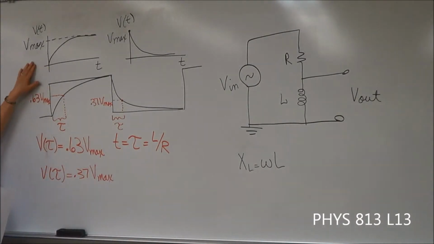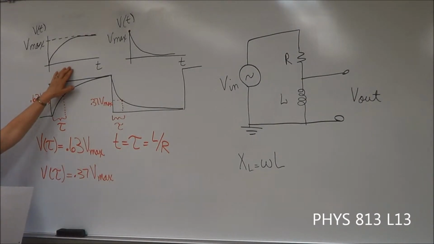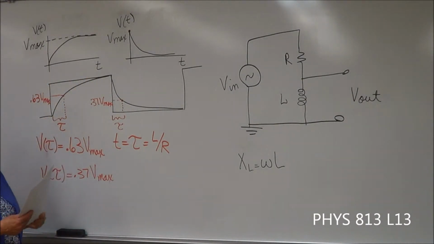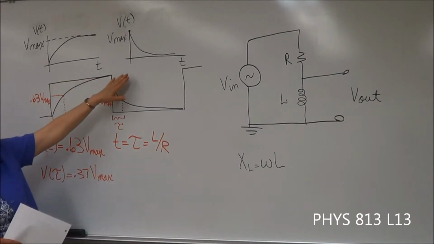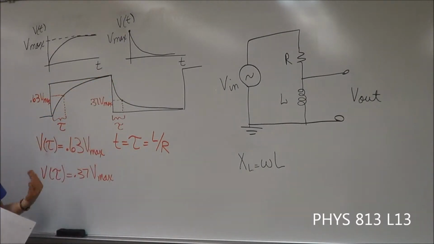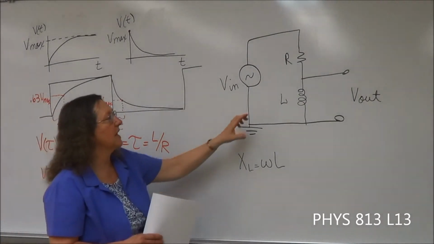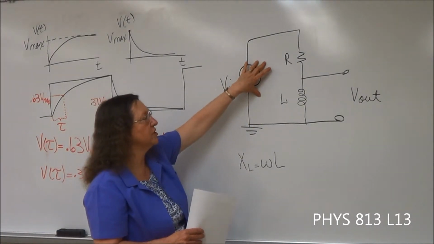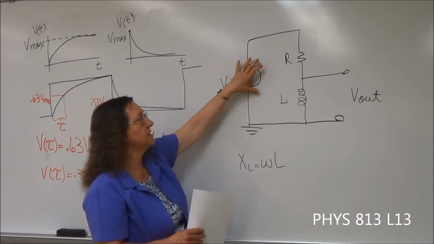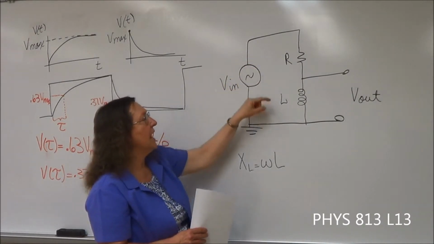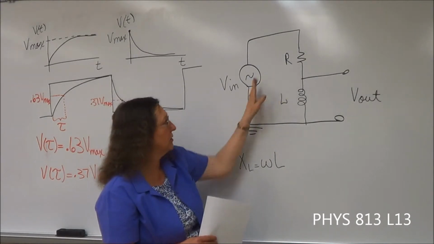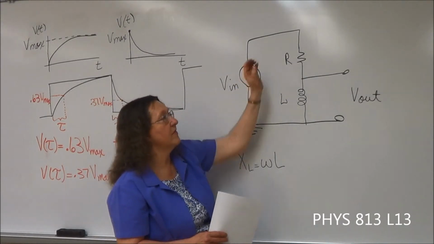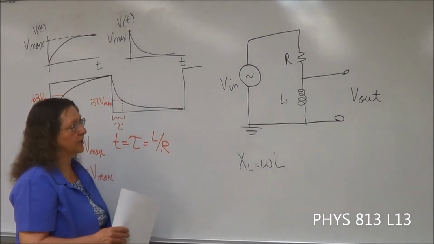So here I've drawn the graphs, and these are what you can draw on page 103. So they look exactly like we had before, and as the current builds, then the voltage would build across the inductor. Now, if you were to suddenly take out the voltage source, the tricky part is to take out the voltage source and then reconnect up here without there being an actual break in the circuit.